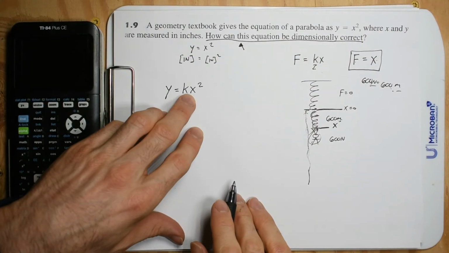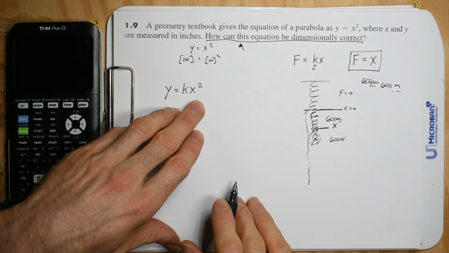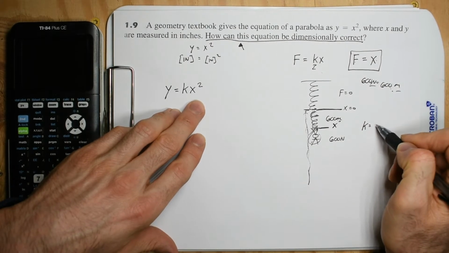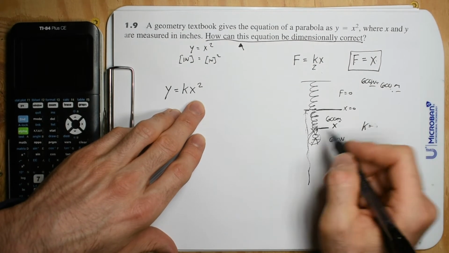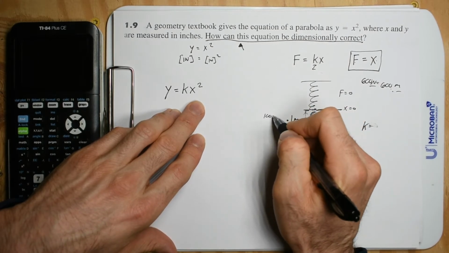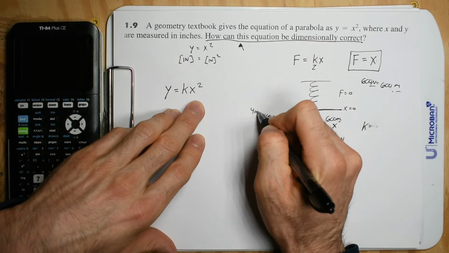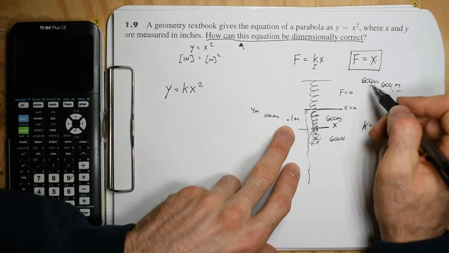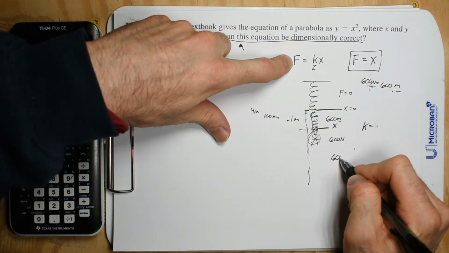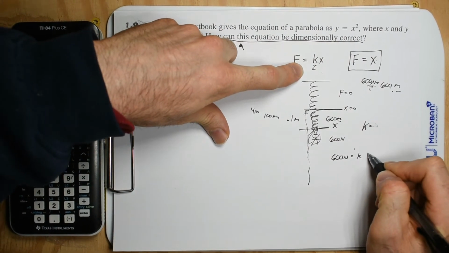Y is equal to constant x squared. Now, we're typically used to constants being, in reality, I did a problem where this went down 0.1 meters, 100 millimeters, 4 inches. And I weigh 600 newtons, so we want to know the spring constant. So 600 newtons is equal to K times 0.1.